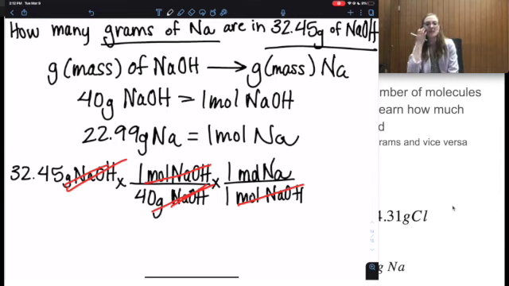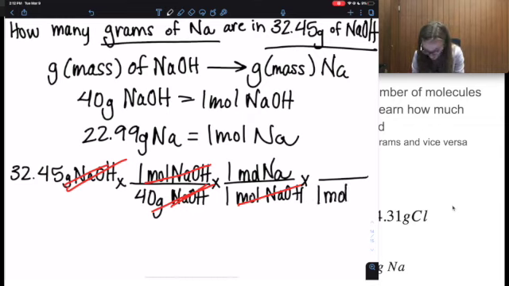However, our problem is asking us to go all the way to the mass of those sodium atoms. So while moles is interesting, it's not our end point for this problem. I do have that molar mass that relates the number of grams to the number of moles of a compound. So I'm going to put 1 mole of sodium on the bottom so that my moles of sodium can cancel out, and I'm left with 22.99 grams of sodium on the top.